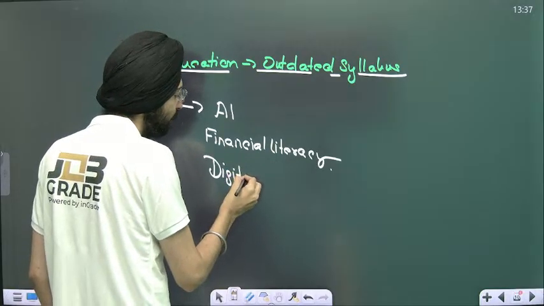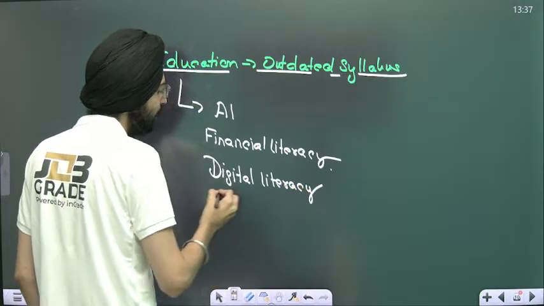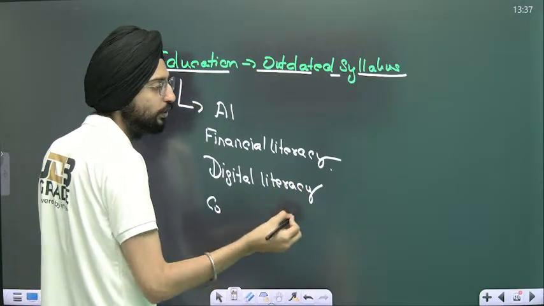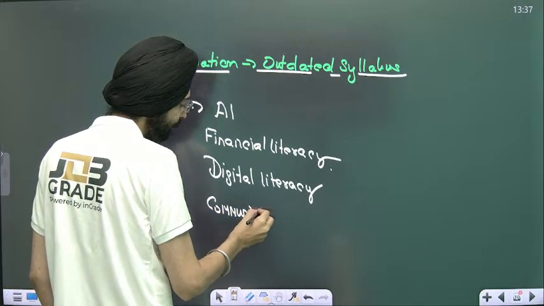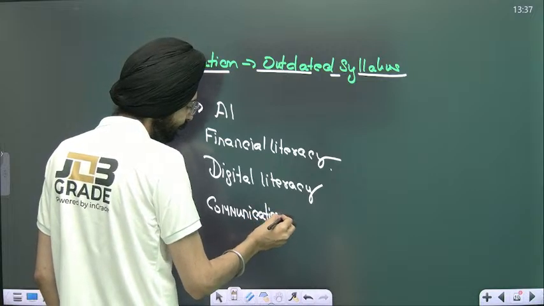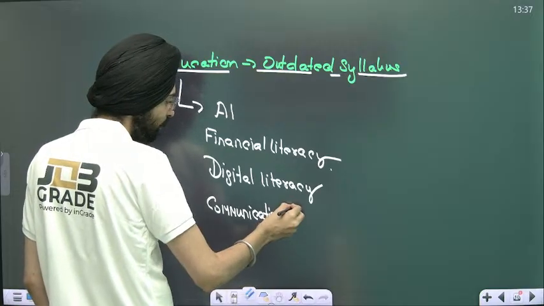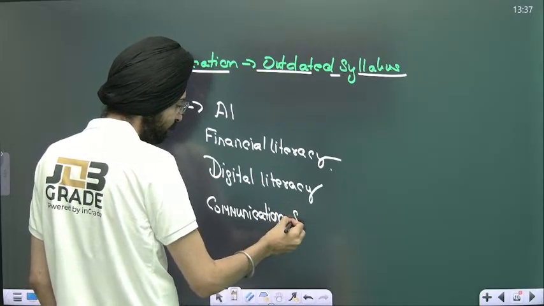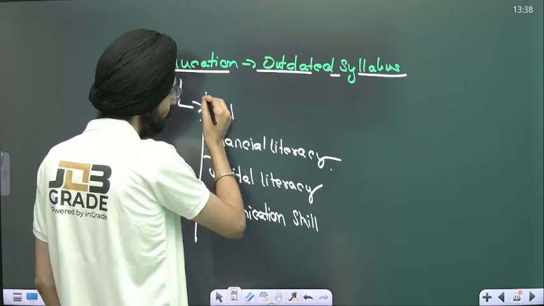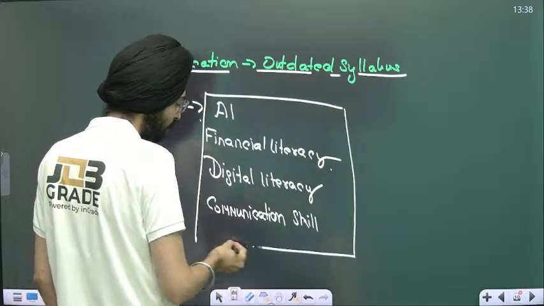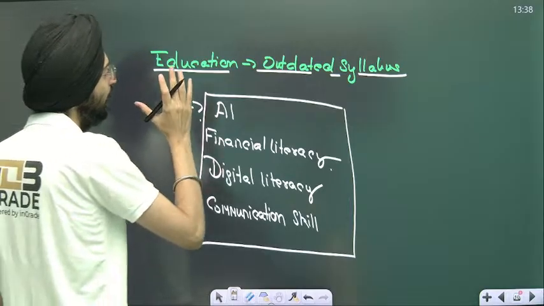And the evergreen communication skills, how to present yourself, how to sell yourself out there in the market. AI, financial literacy, digital literacy, communication skills. That is what we need at this moment.